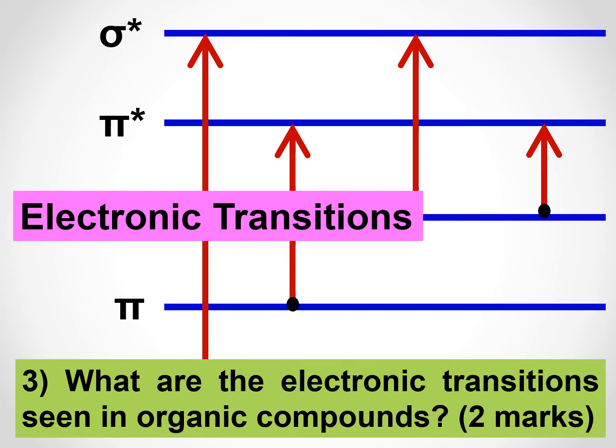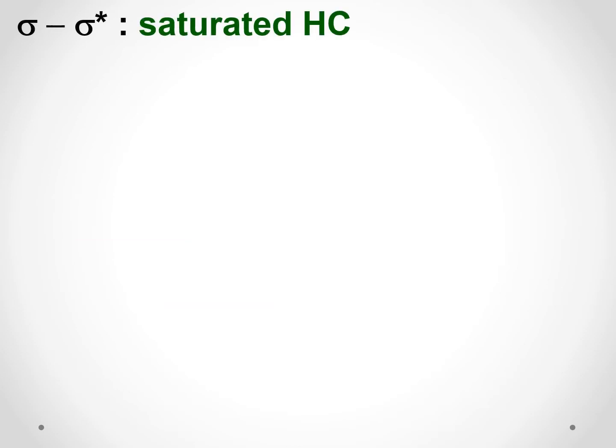Now let us see one by one. Sigma to sigma star transitions, the first one. When you write that, you can write sigma hyphen sigma star, which means sigma to sigma star.